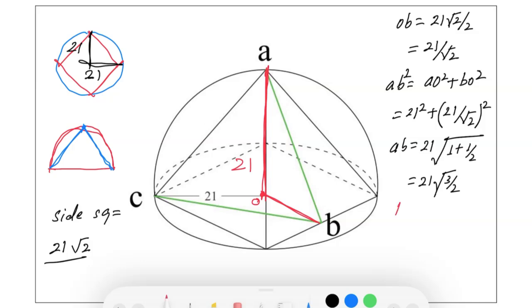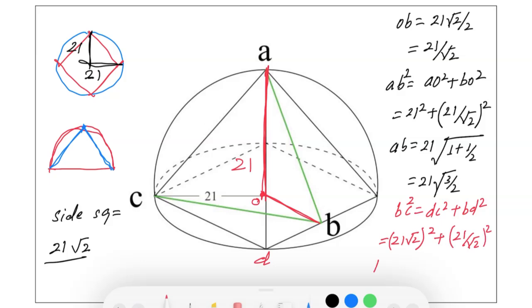Similarly, BC is going to be, let me take another point D, it will be DC square plus BD square. Now in this case we already know the side, therefore this is going to be BC square equals 21 root 2 whole square plus 21 by root 2 whole square.